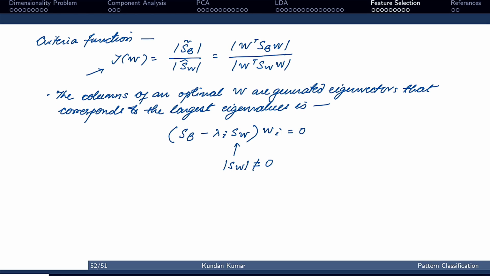Let us see how we can convert it. S_B Wi minus lambda i S_W Wi, we are just expressing the term, and then we can write S_B Wi equal to lambda i S_W Wi, then multiply both sides with S_W inverse.